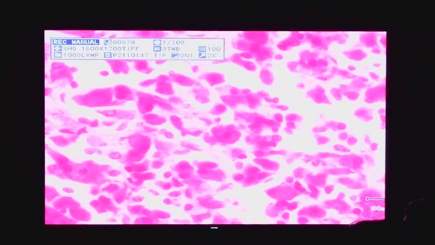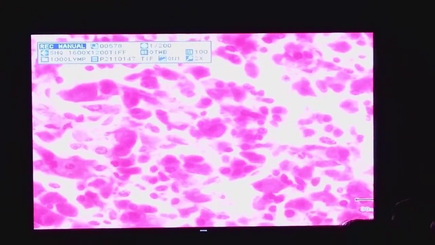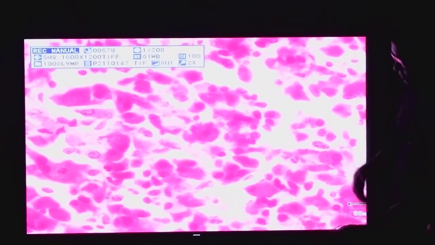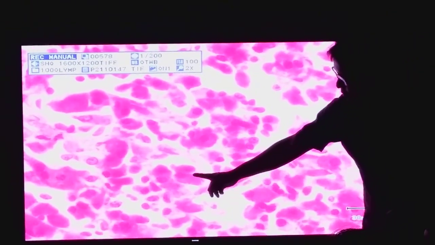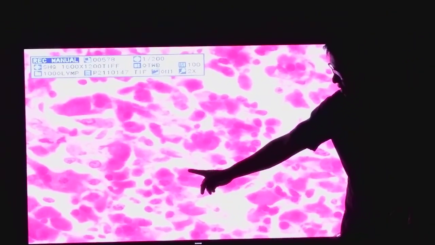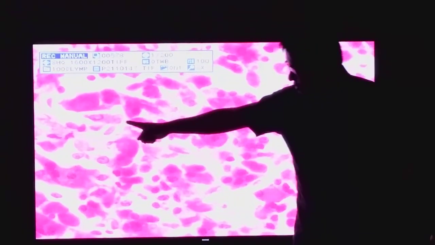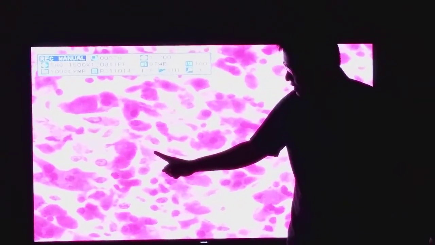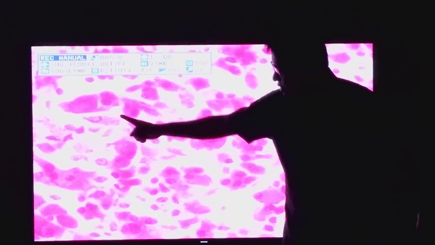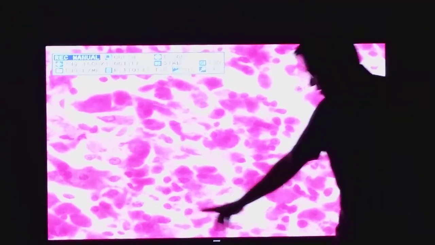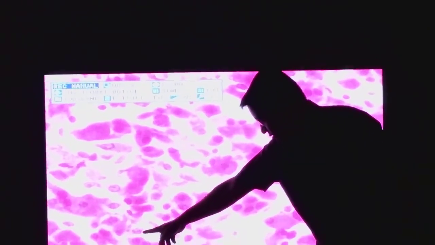Very prominently seen here in this field, however, are cells with pink cytoplasm. They should be called acidophils. And these are the cells with violet colored cytoplasm. They must be called basophils. And this nucleus, the cytoplasm surrounding it does not display any color, so these cells without any color in their cytoplasm should be called chromophobes.